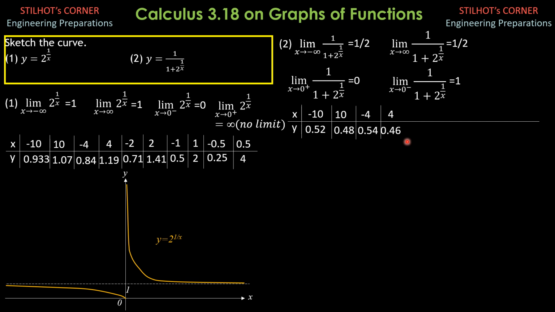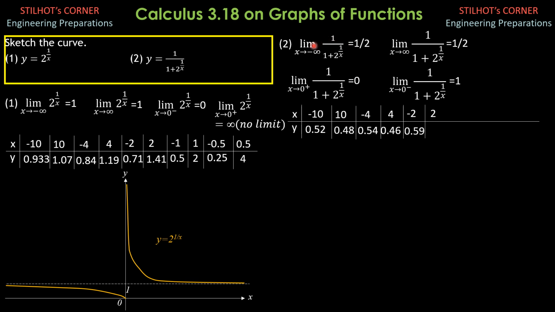When x is negative 1, y is 2/3. When x is positive 1, y is 1/3. When x is negative 0.5, y is 0.8. When x is positive 0.5, y is 0.2.